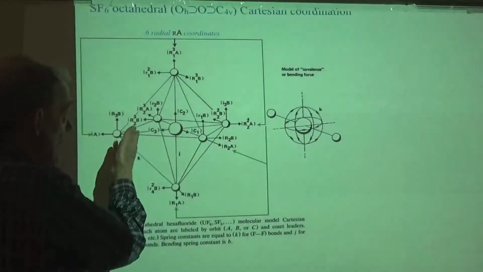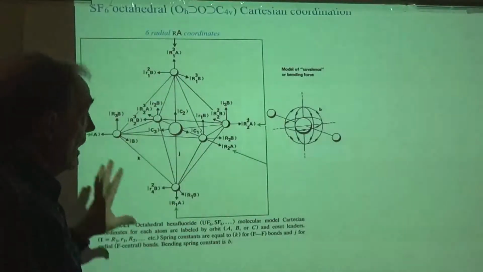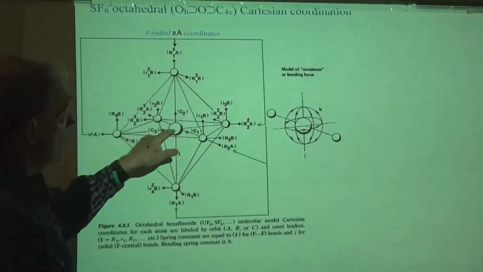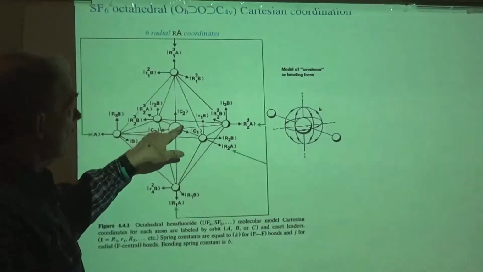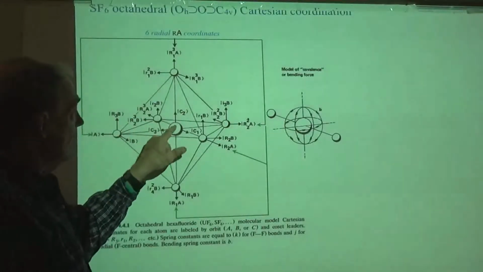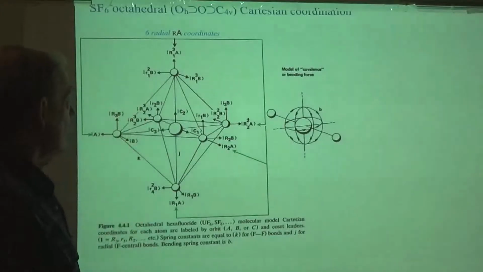We apply group elements to label all of the other coordinates on the outside of the molecule, and then we've got 3 more that we've got to worry about at the very center, where the sulfur or uranium atom is sitting. But the fluorines, all 6 of them, have each 3 coordinates.